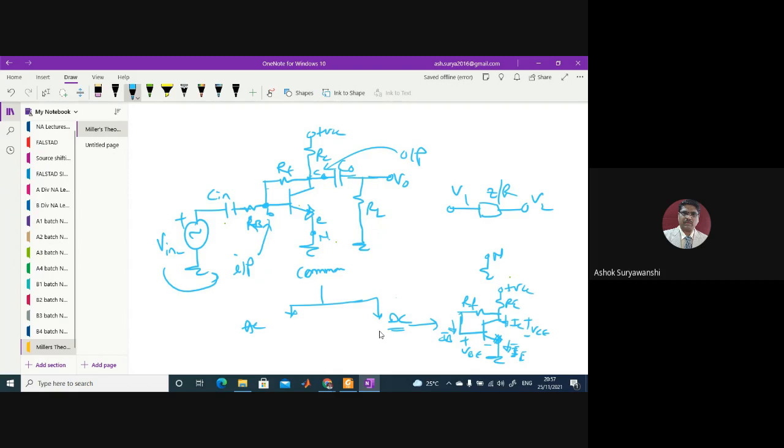Then we plot IB versus VBE, which is the input one, base current and base to emitter voltage. But to find the quiescent point, you plot IC versus VCE, and then try to find out where the Q point is.